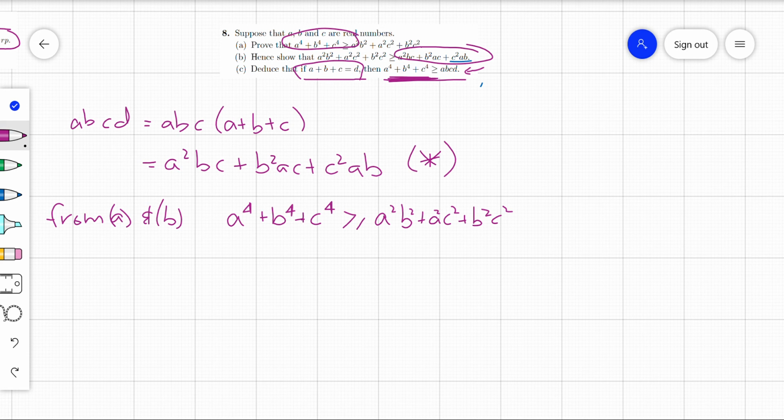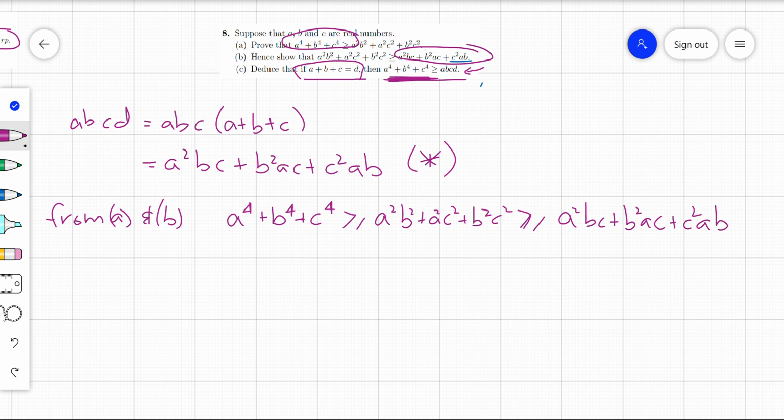Okay, we already know that. But that in itself, in part B, is greater or equal to A squared BC, B squared AC, C squared AB.